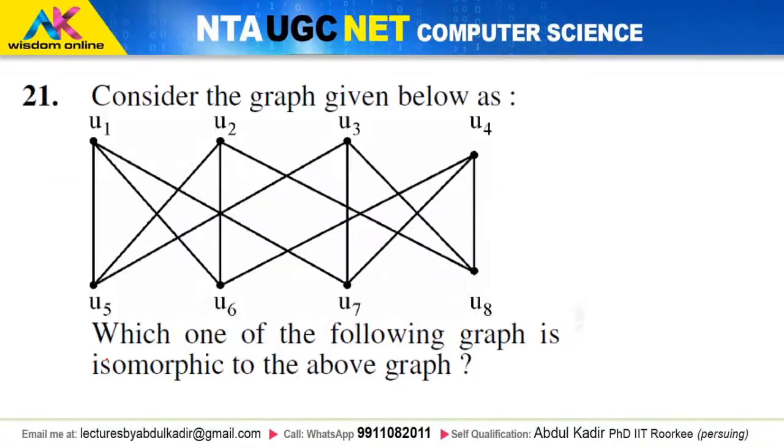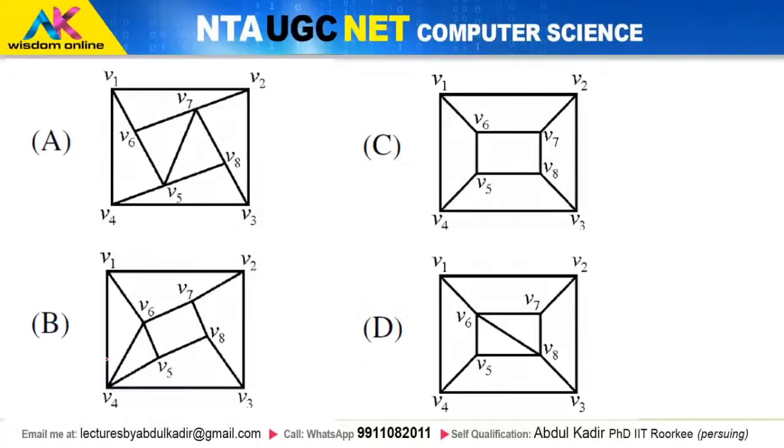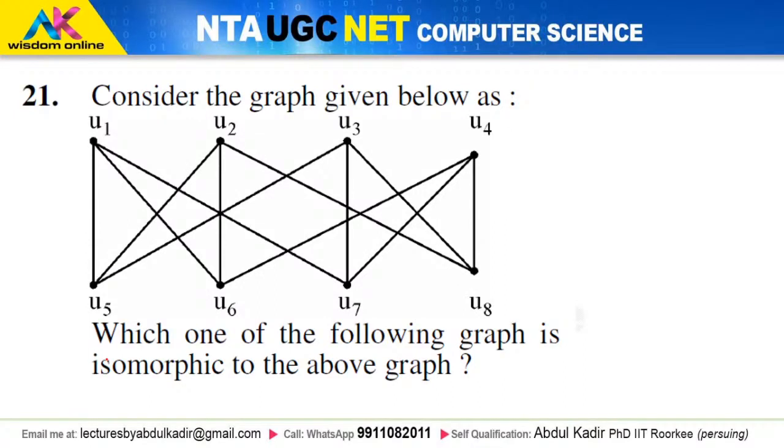Let's see the next question. Consider the graph given below. Which of the following graphs is isomorphic to the above graph? So this is the given graph and he is asking which of these graphs is isomorphic to the given graph. Okay, so you need to check. He is saying U1, U2, U3, U4. So remember, first thing you can notice is that this looks like a complete bipartite graph.